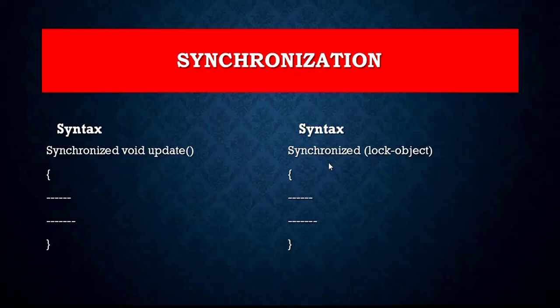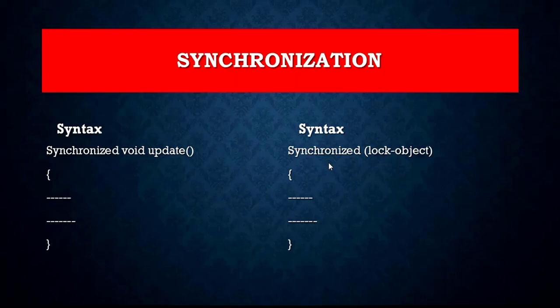So let me give you a simple example so that you will understand better. So what is the use of this synchronization? Basically, when you want to complete a particular task, that process has to be completed before you allow a different process to come and access that resource, isn't it so? So how are you going to make sure that this process has been completed before I allow the different processes to be executed?